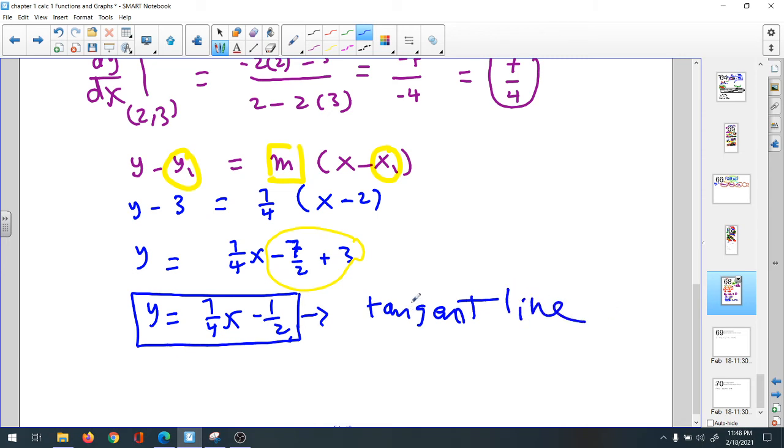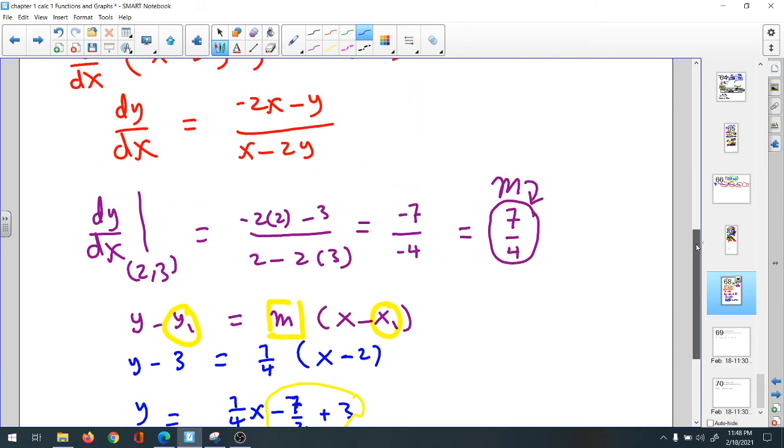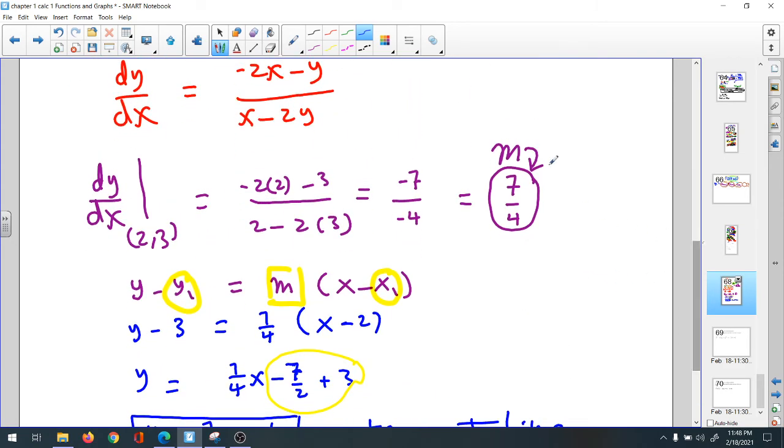To find the normal line equation, it depends on the slope. This is the slope of the tangent line. If you want to find the slope of the normal line, it's perpendicular. We're going to do two things here, two actions. First is to change the sign.